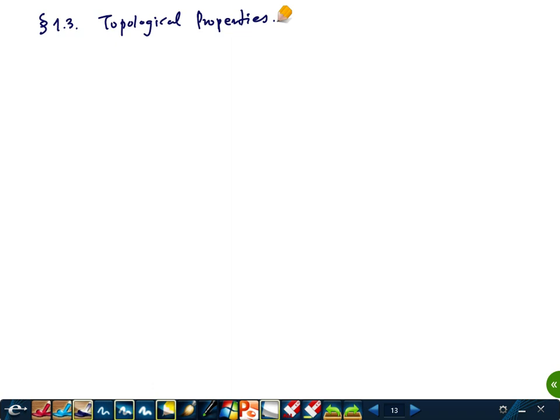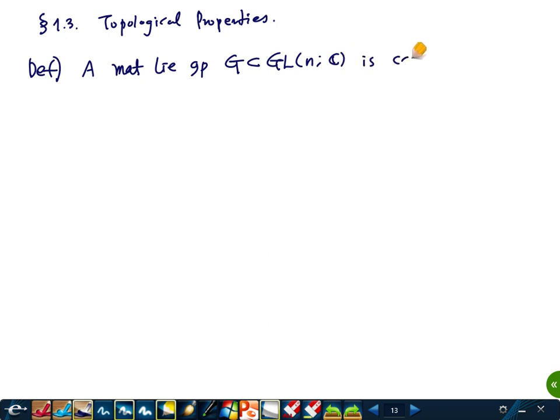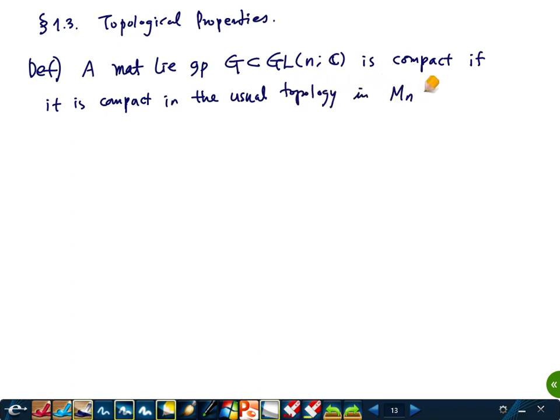We already mentioned compact, but the definition is as follows. A matrix Lie group G inside GL(n, C) is called compact if it is compact in the usual topology in M_n(C), as a topological space R to the n squared.